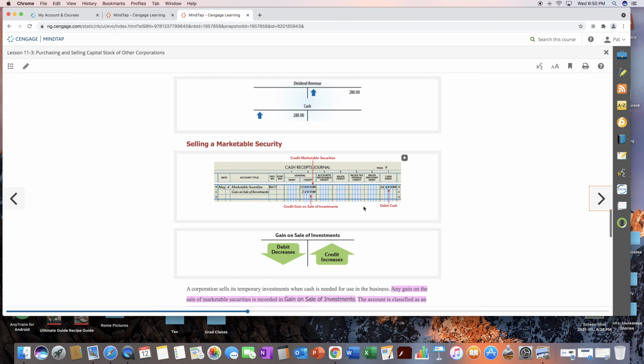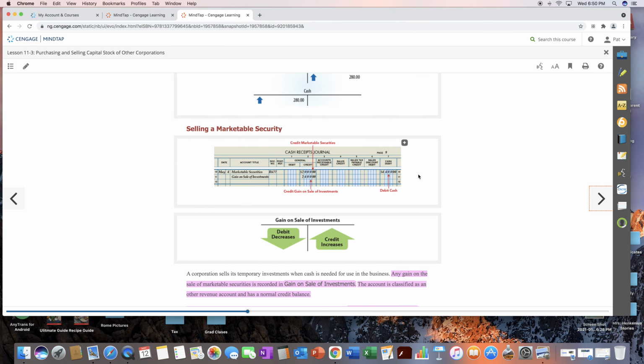So when we debit cash for $54,400, we know we're crediting marketable securities for our original investment amount. This is larger, so that is a revenue increase, or a gain on sale increase, of $2,400, and we will credit that.